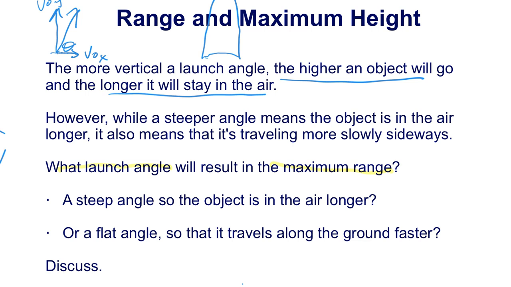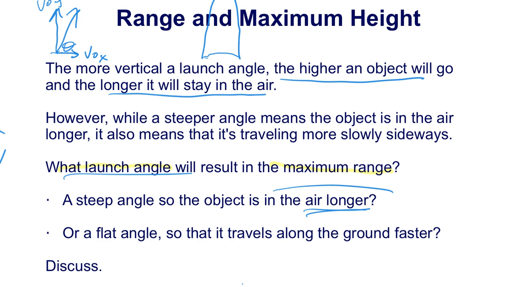So my next question will be, what angle will give you the maximum range? Okay, so we're finding two things. We want it to be in the air the longest time for maximum range, but you don't want it to hit the ground right away.